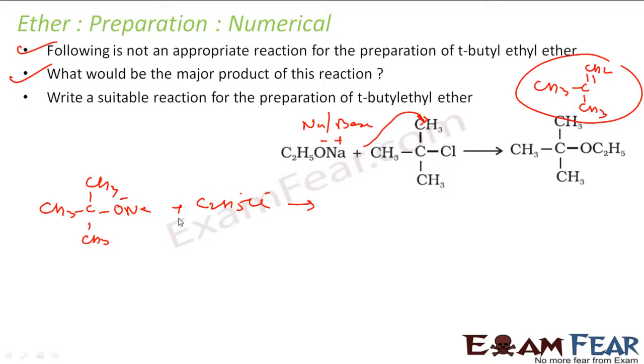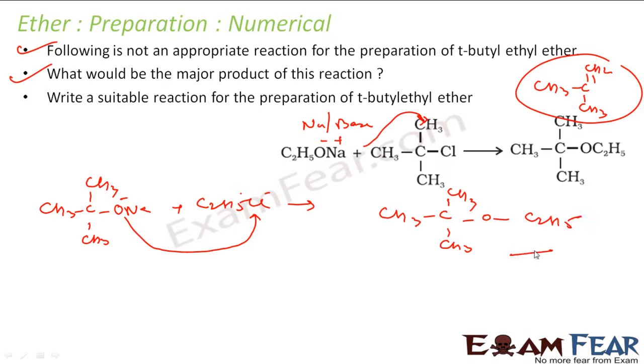So now this reaction will happen. This O minus will attack, and with this you will get what you are looking for, OC2H5. Correct? So this is what we will use. Else, the elimination product will be the major product.